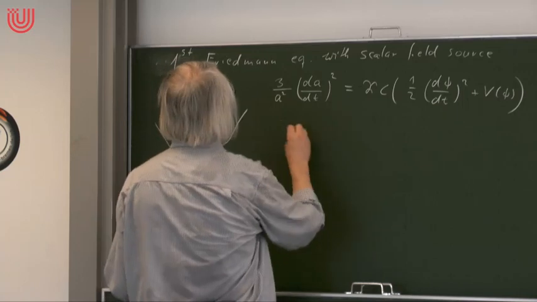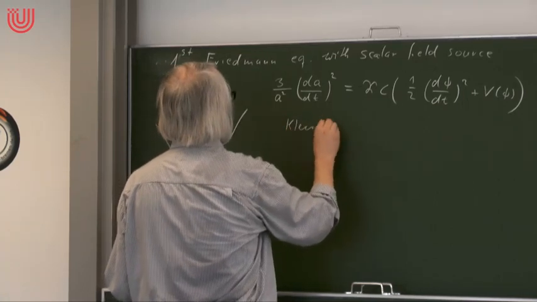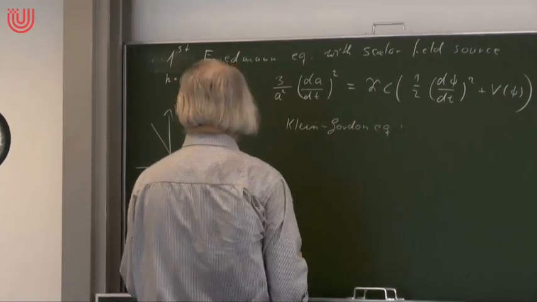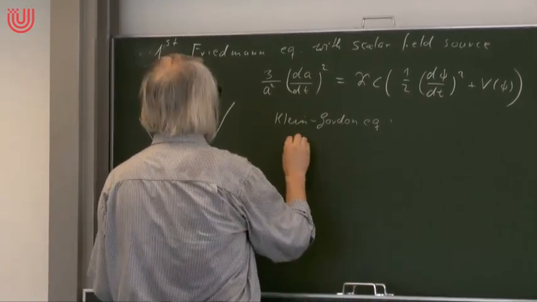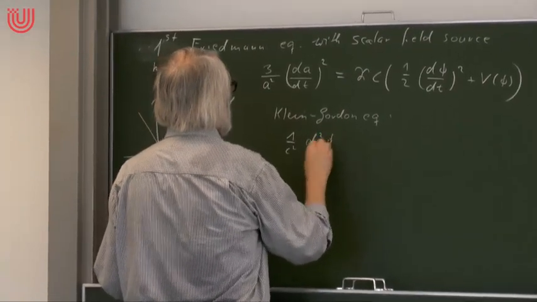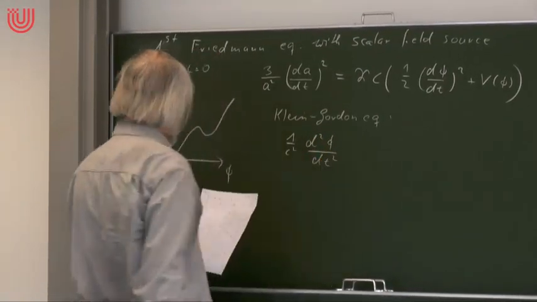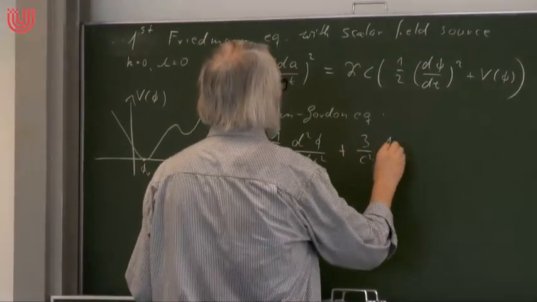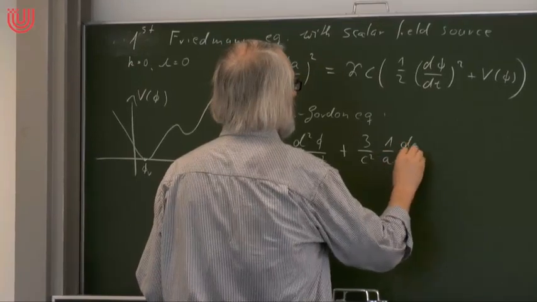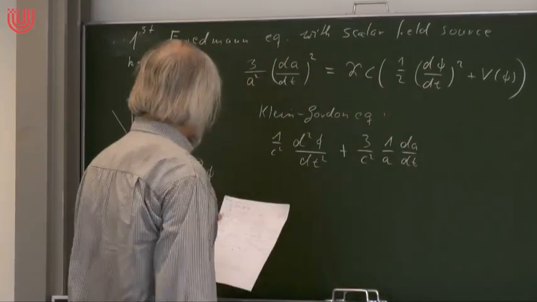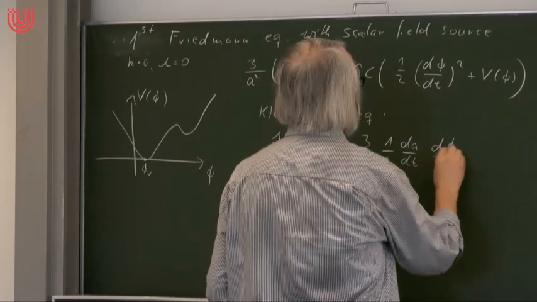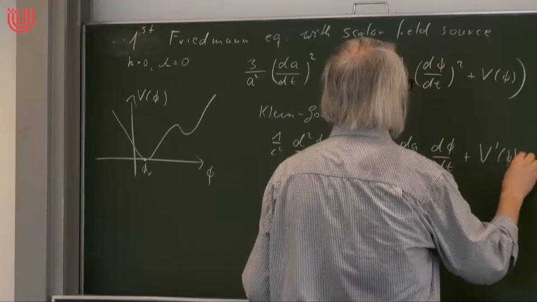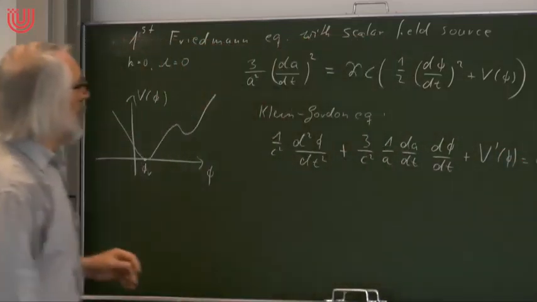So that's the first Friedmann equation, and then we have the Klein-Gordon equation, the generalized Klein-Gordon equation on a Robertson-Walker universe. This is 1 over c squared times the second derivative of the phi field, plus, again, the Hubble function, 1 over a dA by dt, times d phi by dt, plus the derivative of the potential, V prime.